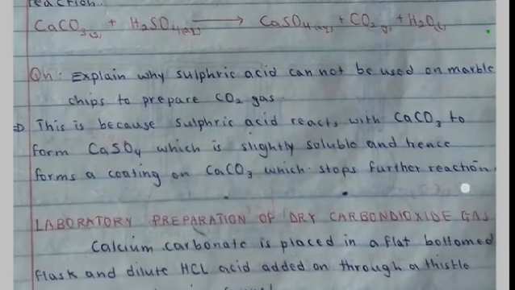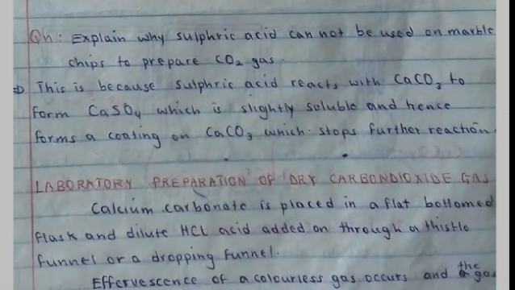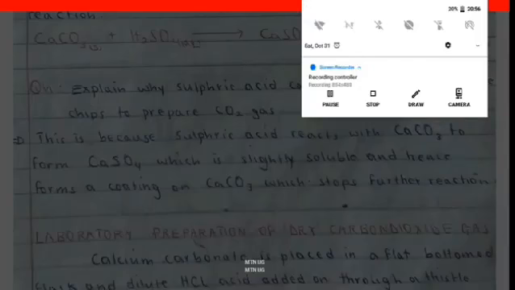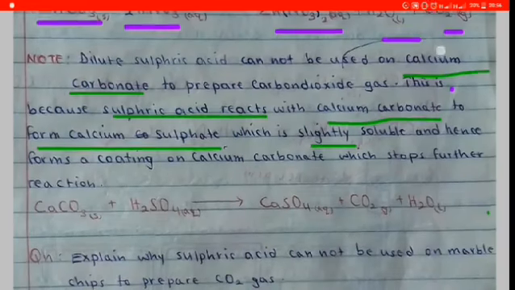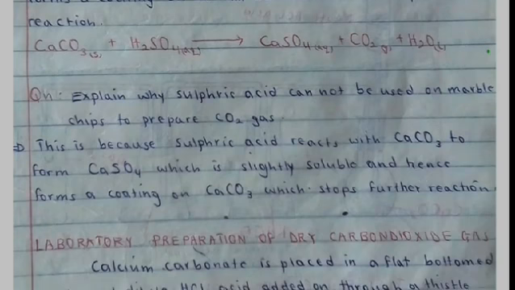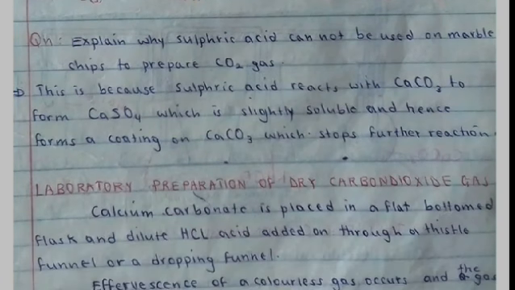Now here there is a common question that is normally asked: explain why sulfuric acid cannot be used on marble chips to prepare carbon dioxide gas. So you have seen the reason.